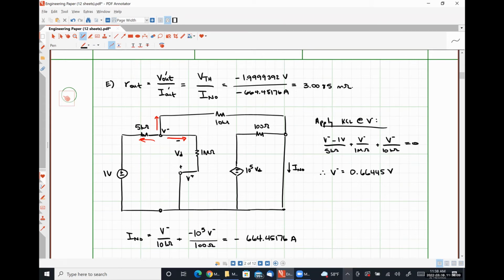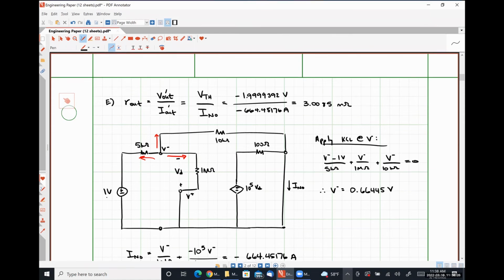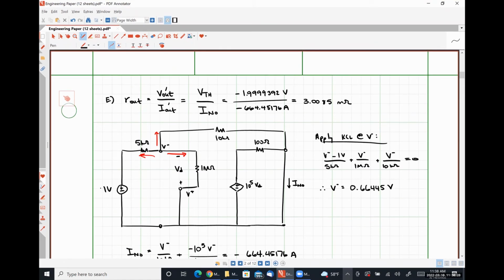So this is leading us into our discussion on ideal op-amps, but I want to look at a couple of things that we have observed here in the analysis of this problem for a practical op-amp circuit, okay? Our output resistance of 3 milliohms is very, very small, close to 0.